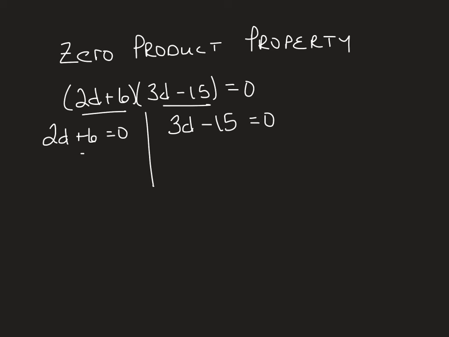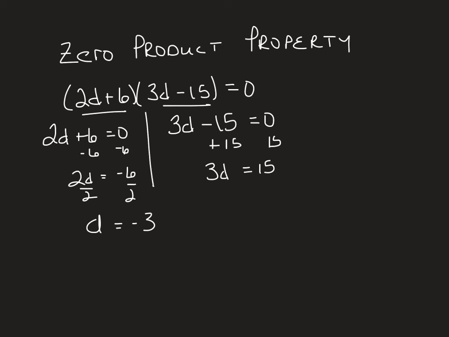I'm going to subtract 6 from both sides, and 2d equals negative 6, divide by 2, and d is negative 3. Or add 15 to both sides, and we get 3d equals 15, divide by 3, and d is 5. So there are two solutions here.